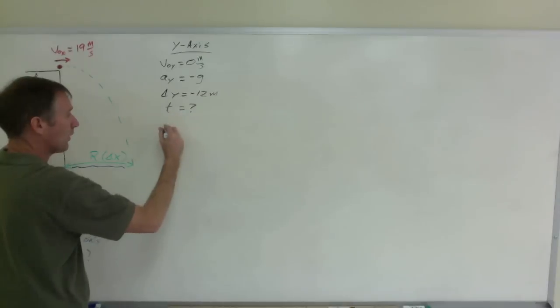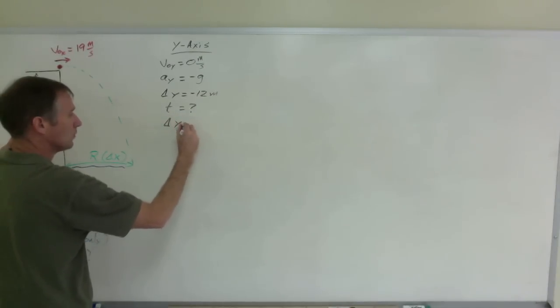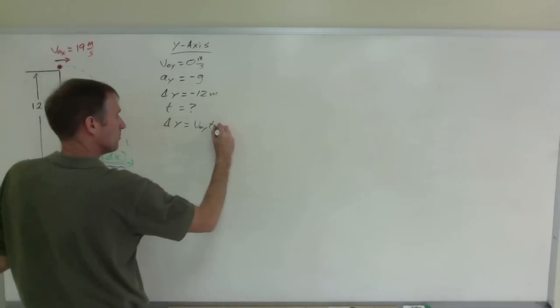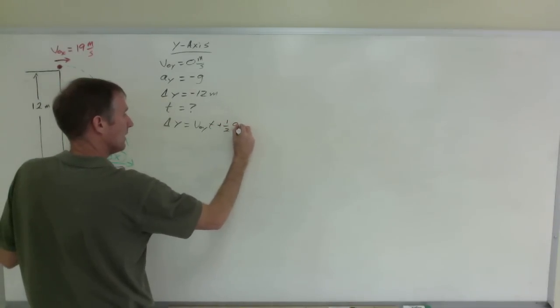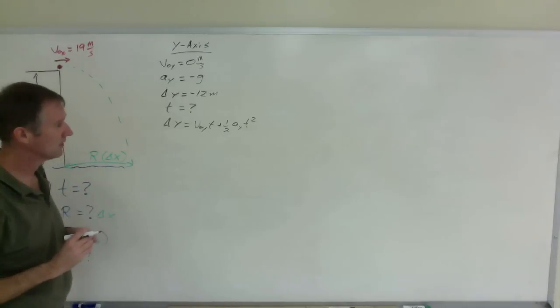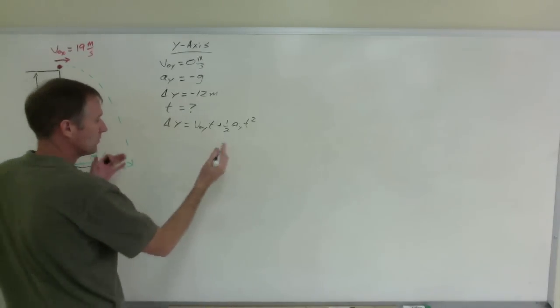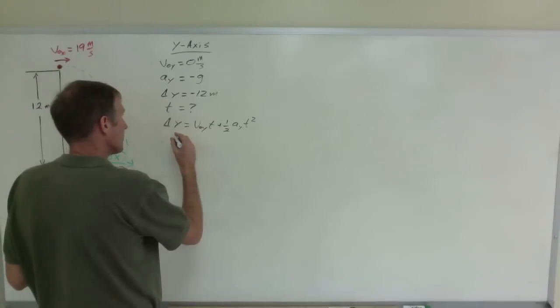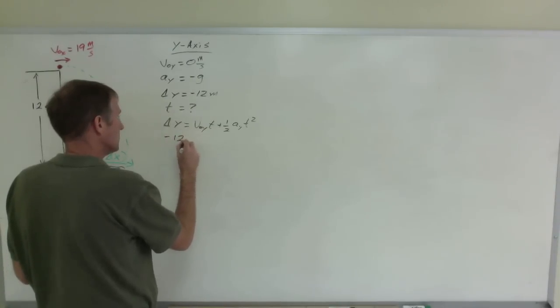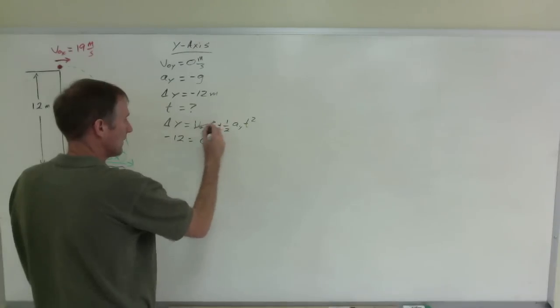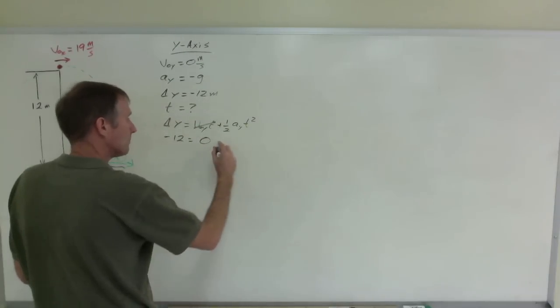And so the equation that matches these is delta y equals v sub 0y times t plus 1/2 a t squared. Notice my subscripts because I'm in the y-axis. Now you can put in your numbers and solve, or you can solve and then put in your numbers. This is negative 12. This is 0. Remember, 0 times t is 0, so that goes away altogether.